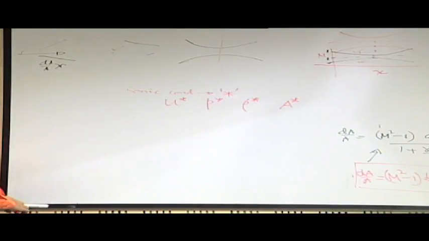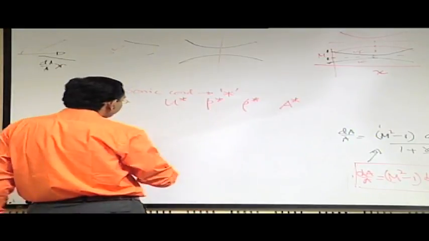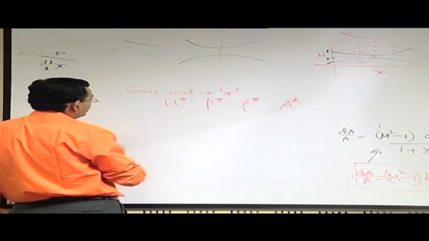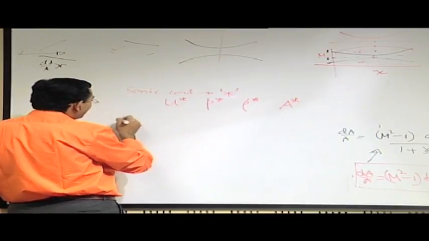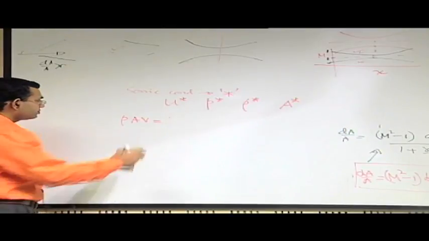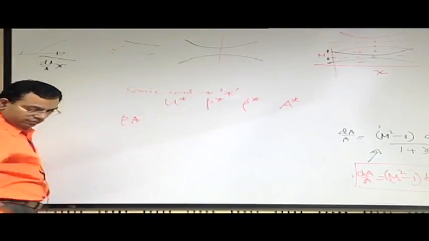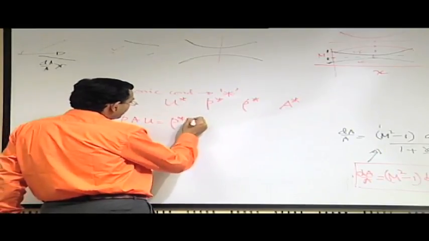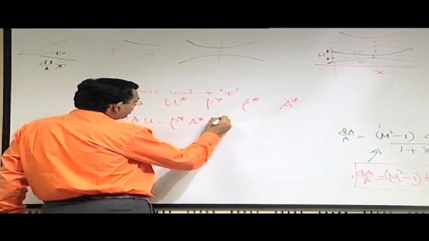For example, if you have a condition where this sonic state is achieved, then you may write rho A U is equal to rho star A star U star.